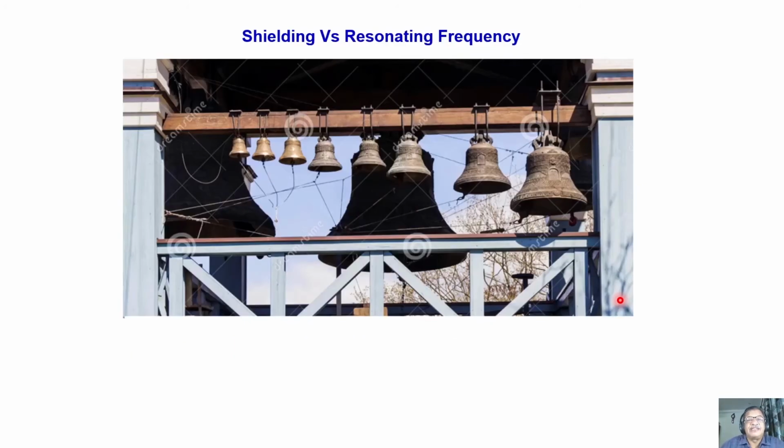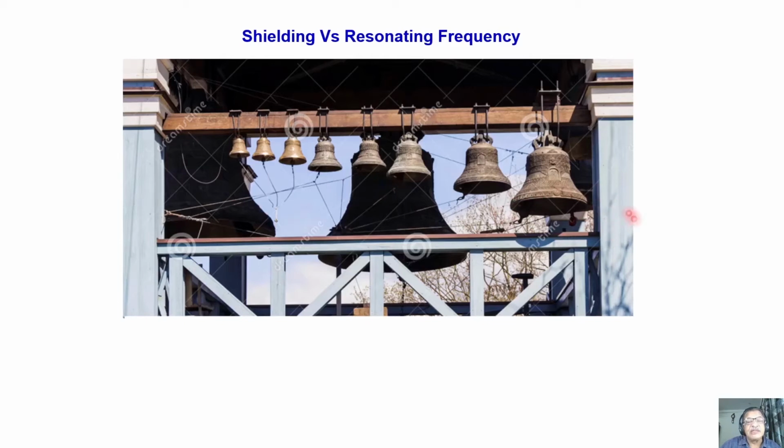Okay, this is a simple diagram to explain what happens when you go from right to left or left to right. Fantastic diagram. Please look at it. This is the bell. Let us say the bell circumference is the charge distribution around the site of the nucleus. This nucleus, let us say this pin, is more shielded.